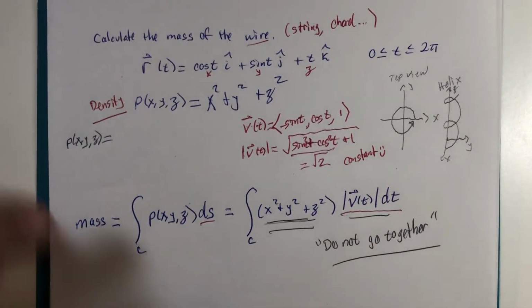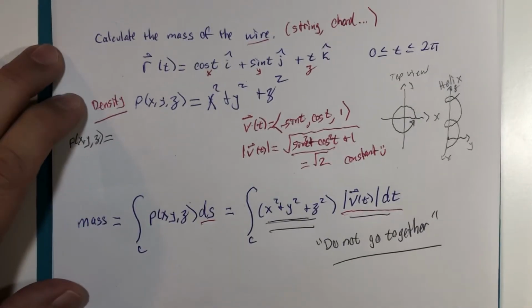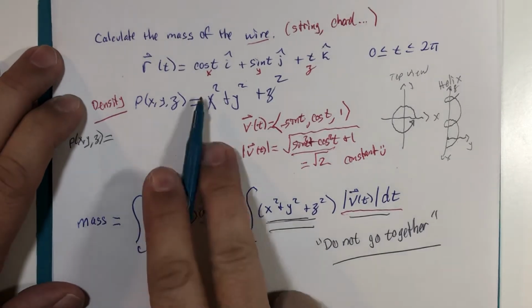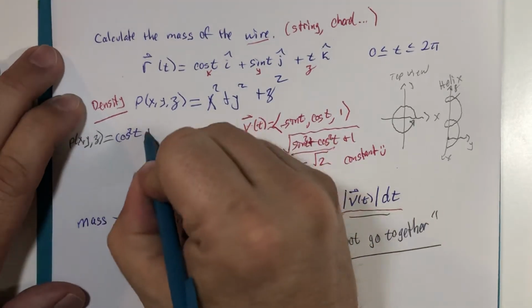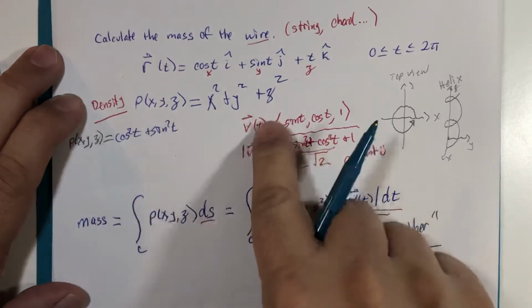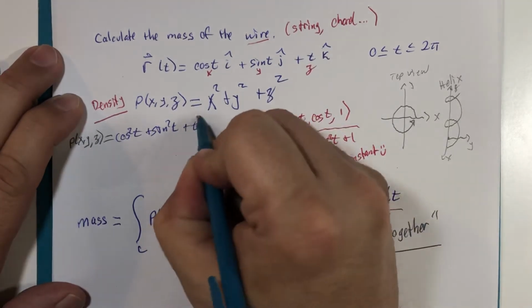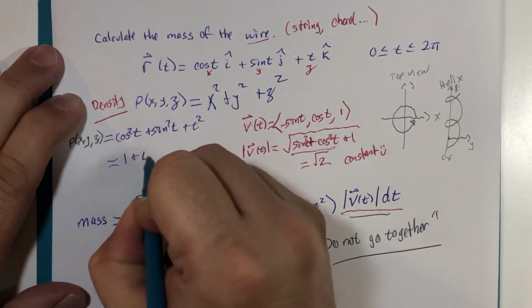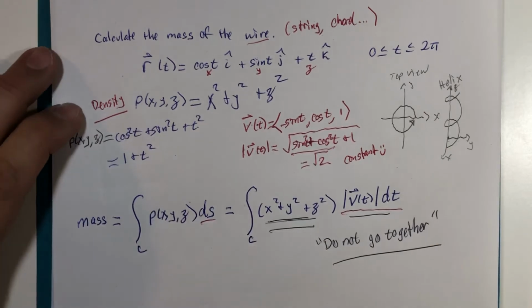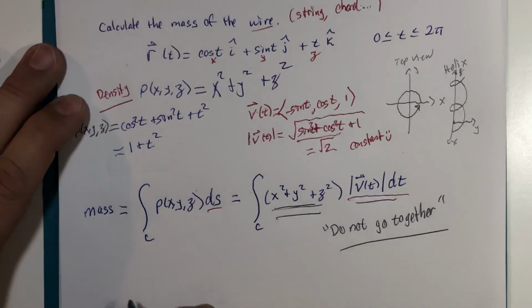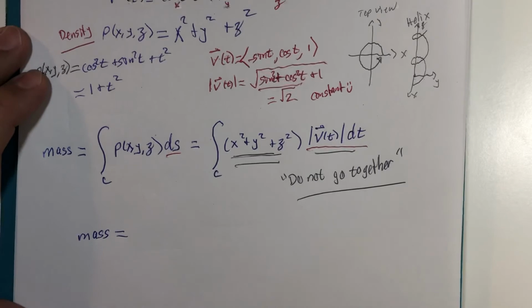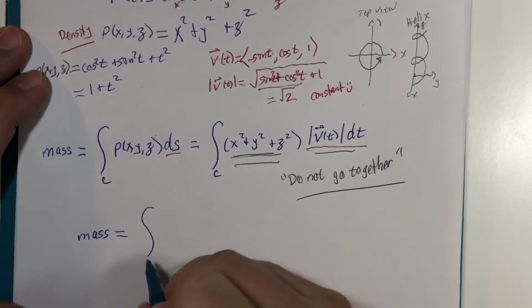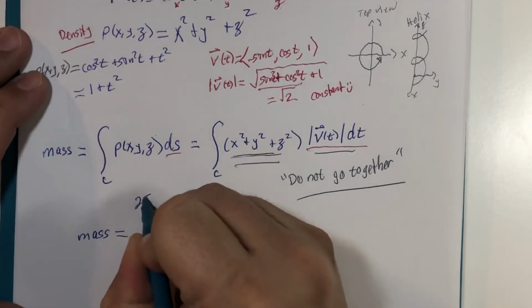So x is cosine of t, so x squared is cosine squared t. y is sine of t. And z equals t. This is going to be 1 plus t squared. I believe I can now convert my mass into an actual integration that we can calculate. The t boundaries were given to be 0 to 2 pi.